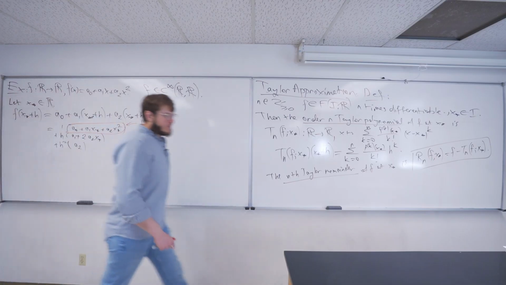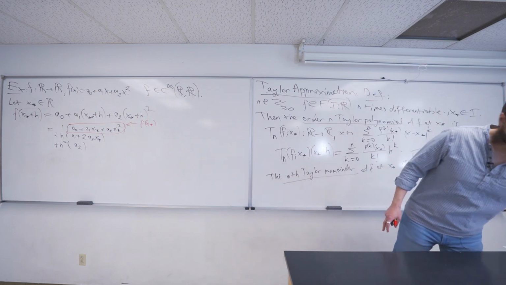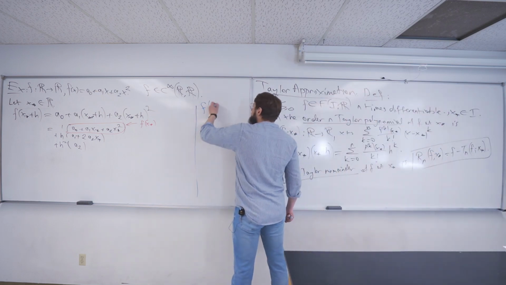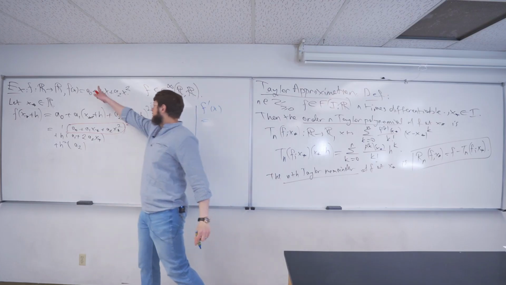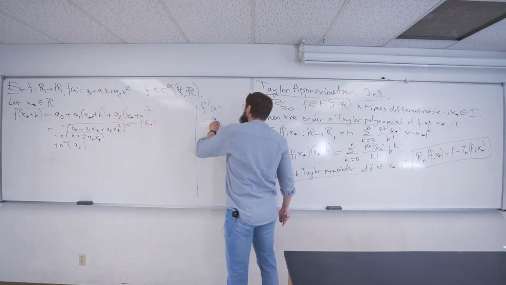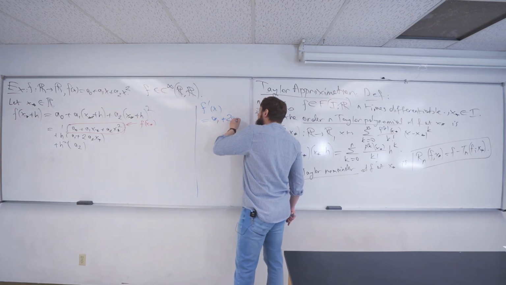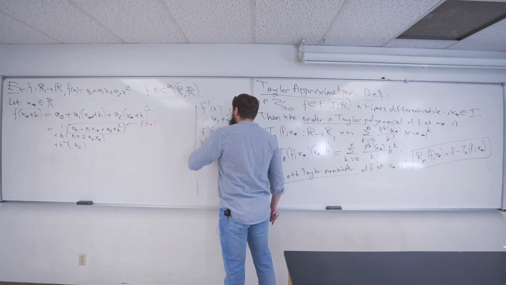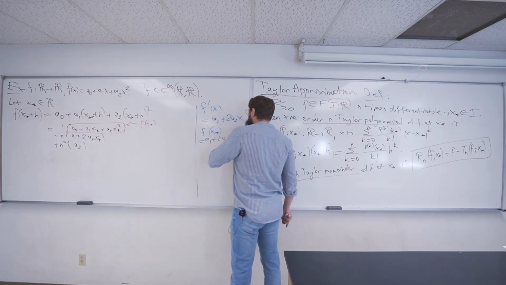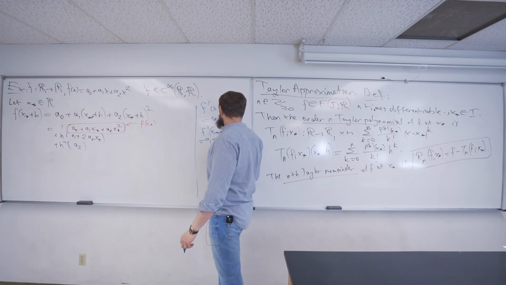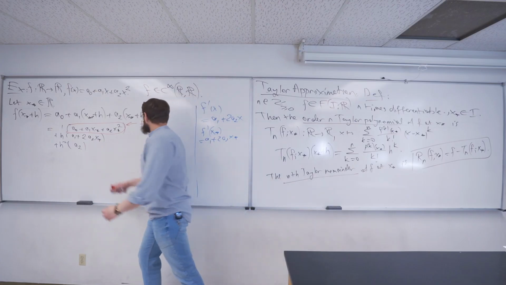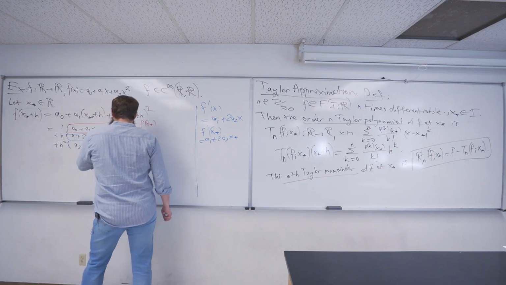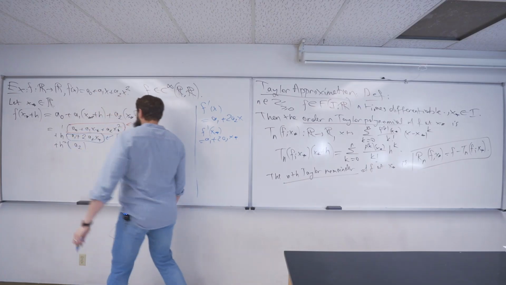I'll compute f prime and f double prime on the side. What is this? The 0th order term drops. This is a1 plus 2a2x, which means f prime at x star is a1 plus 2a2x star. So this is exactly f prime at x star.